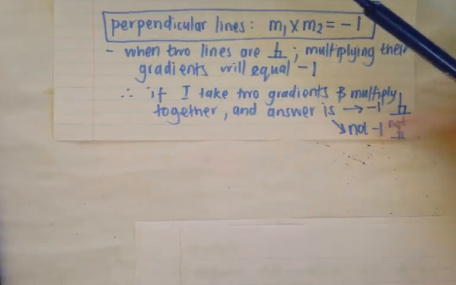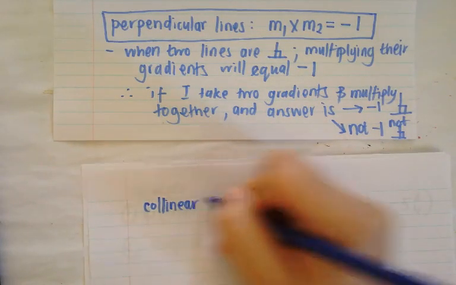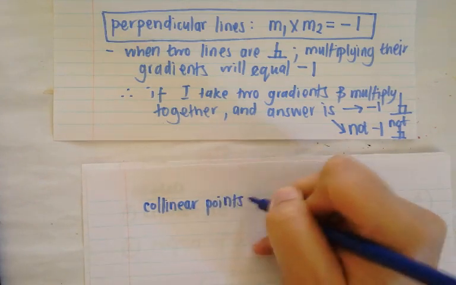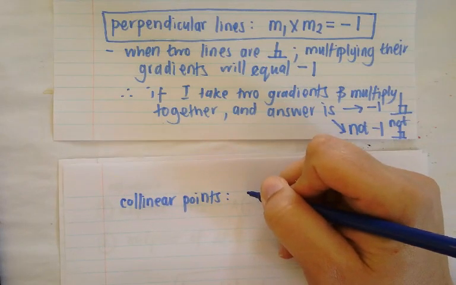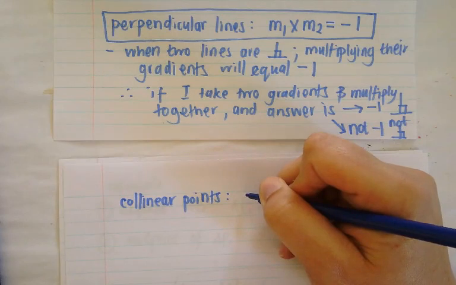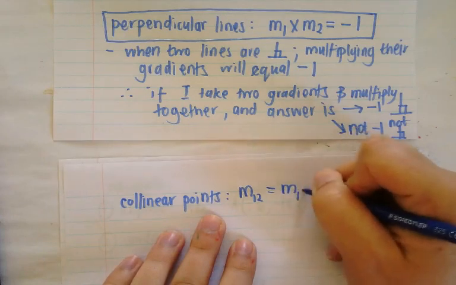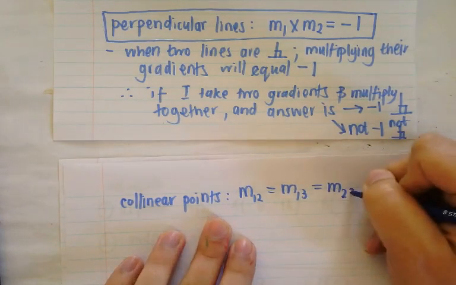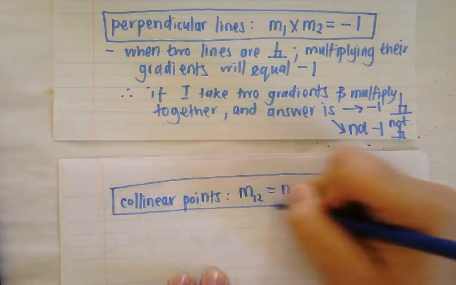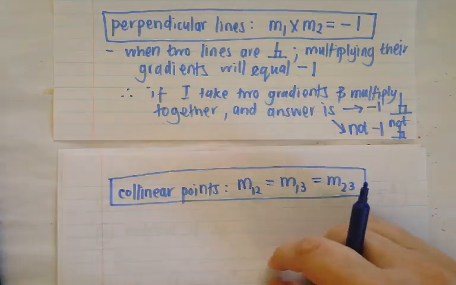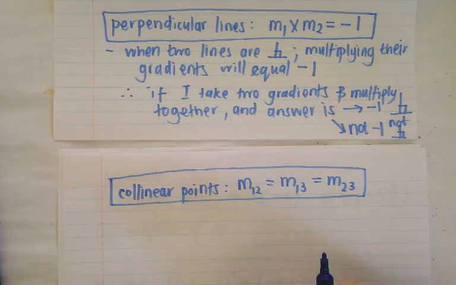Okay, so the next one is collinear points. M of 1,2 equals M of 1,3 is equal to M of 2,3. That means that if I have 3 points, calling them 1, 2, and 3, I have to find all 3 gradients of all 3 combinations, and if they are equal, then they are collinear.